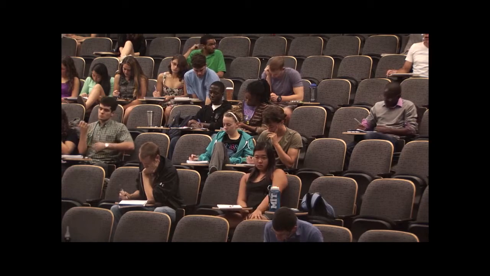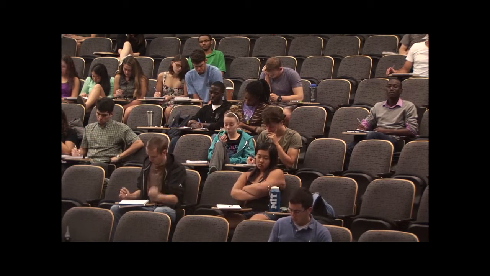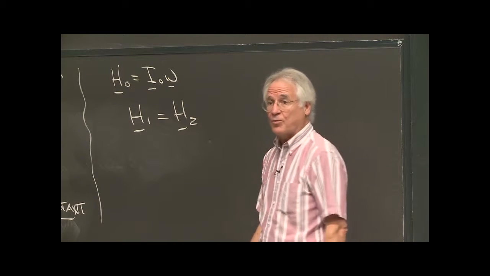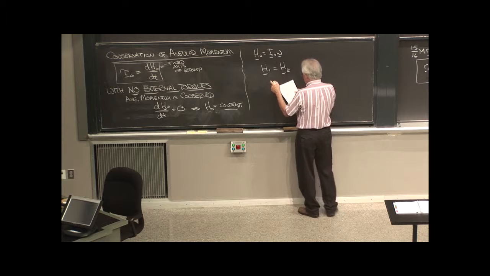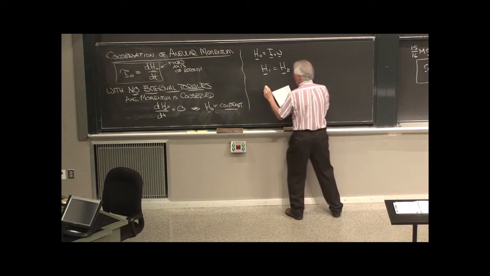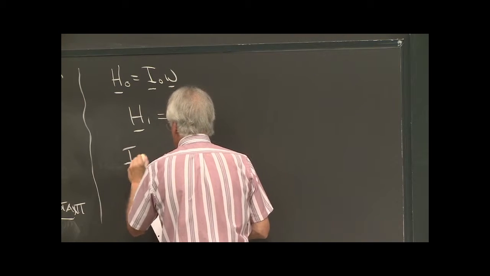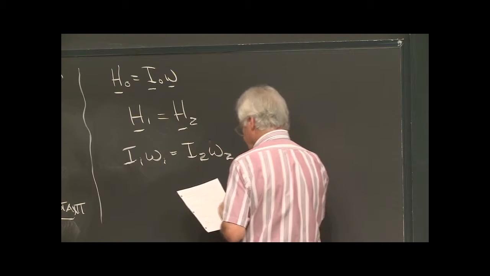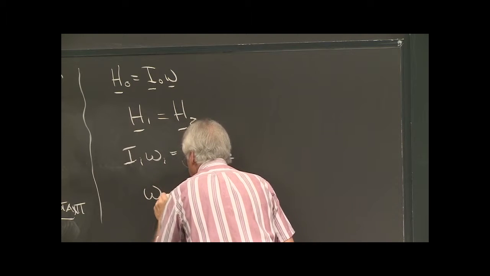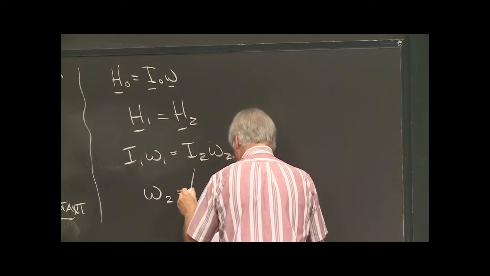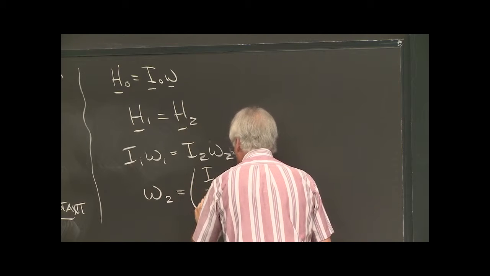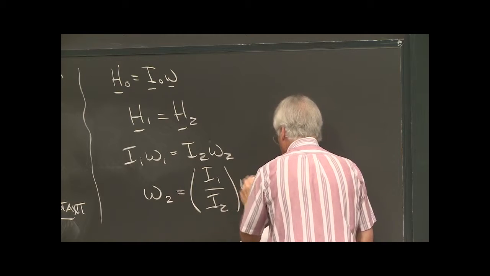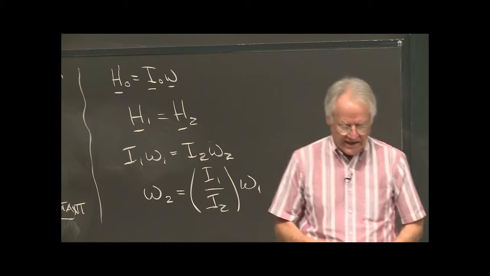State number one, it has an angular momentum, and then in a second, it somehow gets to a second state with no external torques applied, then you know that these two are equal, from which it follows that that's the case. That's I2, omega 1. Okay.